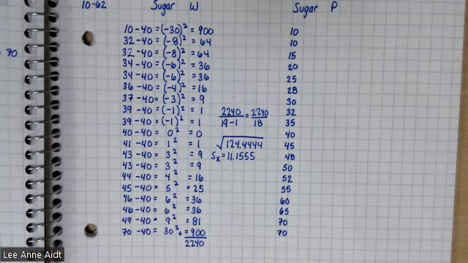Been an error. Minus 30 squared is minus 5. But it's in parentheses. Oh, yeah.